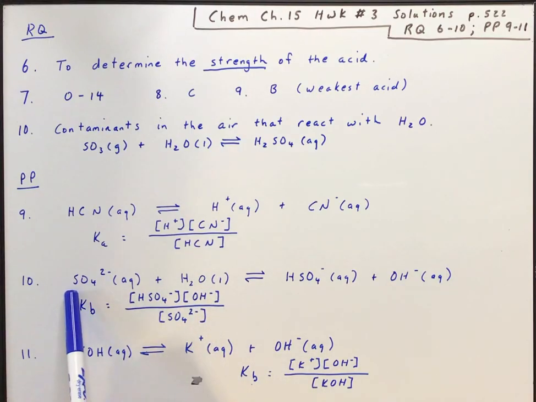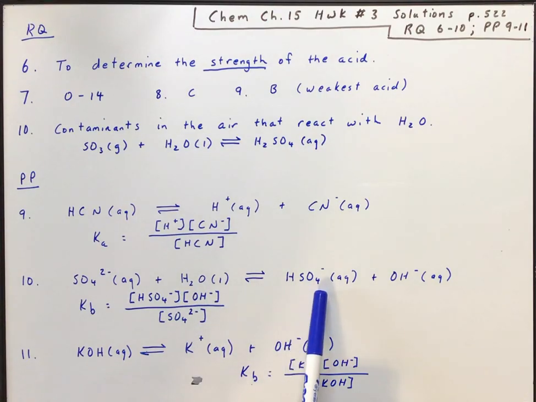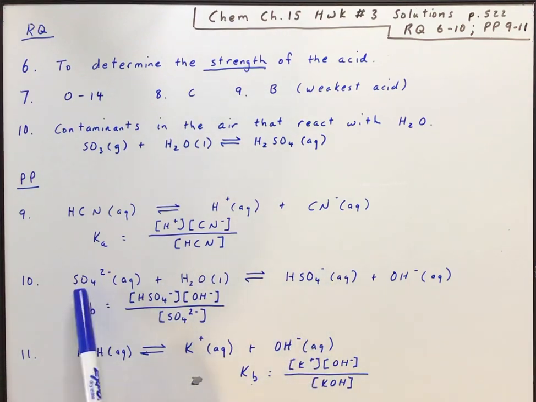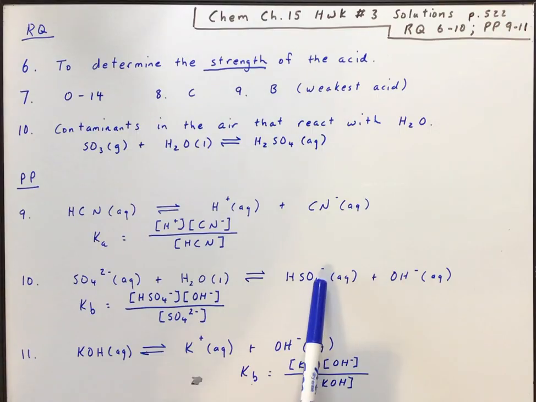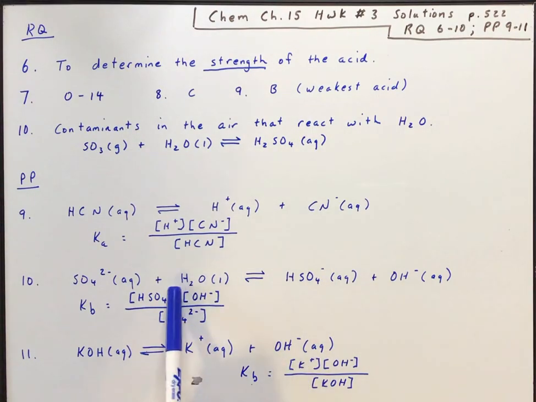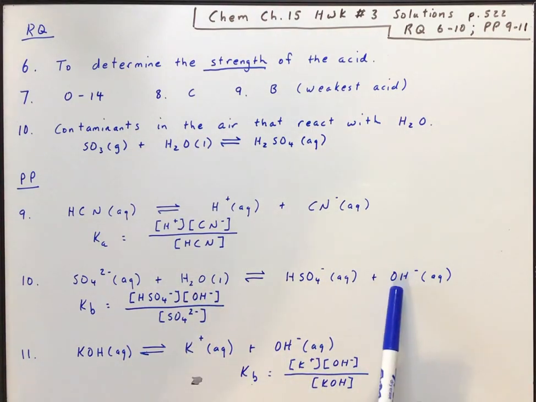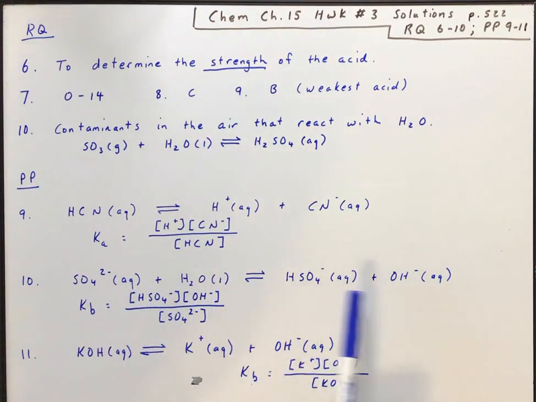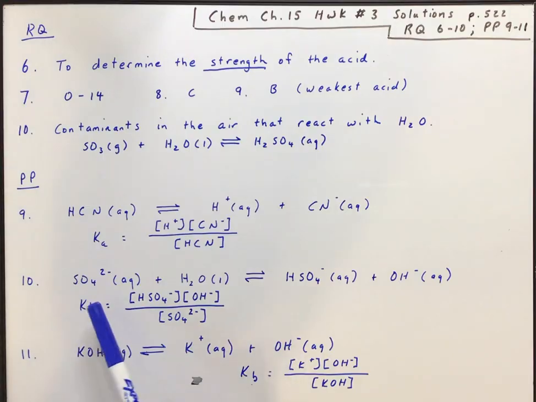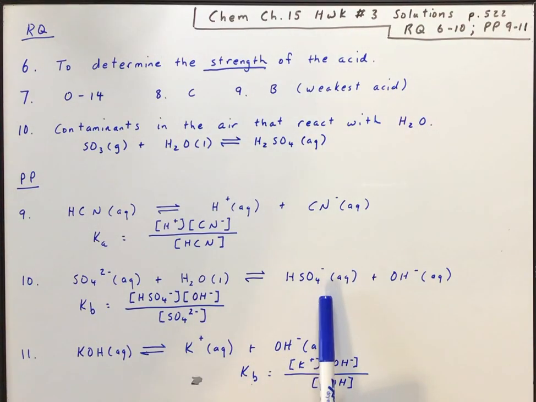So SO4 2- is going to combine with one of the hydrogens from the water to make HSO4, but that H plus will reduce the charge from a 2- to a 1-, right? We're adding a positive charge, so it reduces. And then what's left of that H2O is a hydroxide ion, all right?